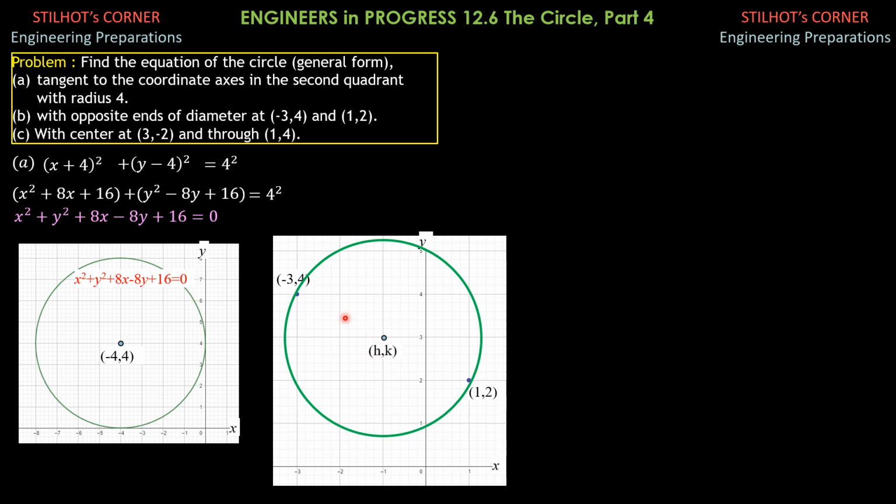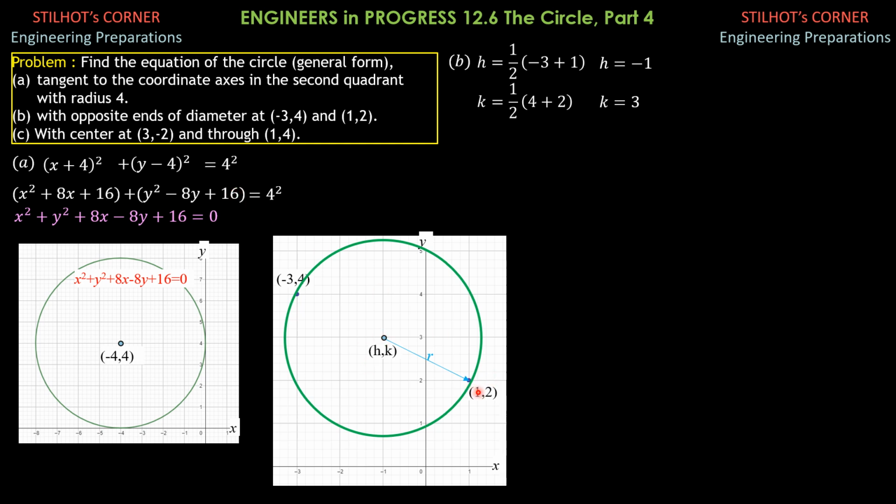So remember the midpoint formula, it is just the average of the coordinates. So h is 1/2 of quantity -3 plus 1, so it's -1. And k is 1/2 of quantity 4 plus -2, so it is +1.